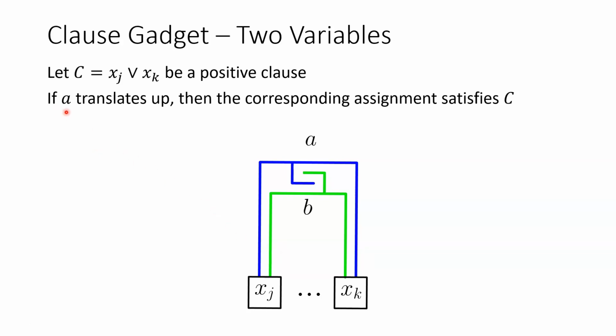So if, say, part A translates up, then B also has to translate up because B is blocking A here. Now since both A and B are translating up, in order to have a connected partition, they have to be connected somehow. Therefore, either xj or xk has to also translate up. And therefore, given that A translates up, the assignment that corresponds to the partition will satisfy the clause. This basically creates an OR gate with 2 inputs.